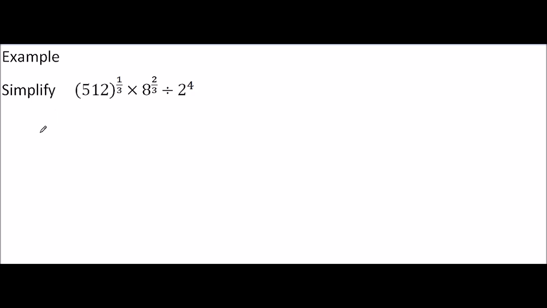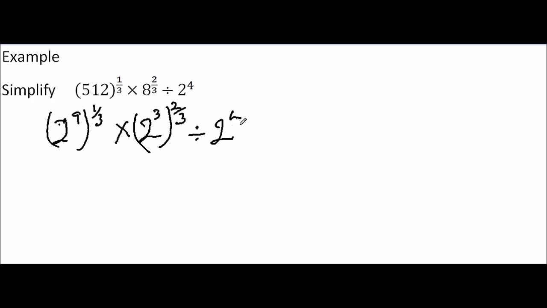So another example: simplify 512 raised to the power a third multiplied by 8 raised to the power 2 thirds divided by 2 to the power 4. So let's try and get a common base. 512 can be written as 2 to the power 9, raised to the power a third, multiplied by 8, which is the same as 2 to the power 3, raised to the power 2 over 3, divided by 2 to the power 4.